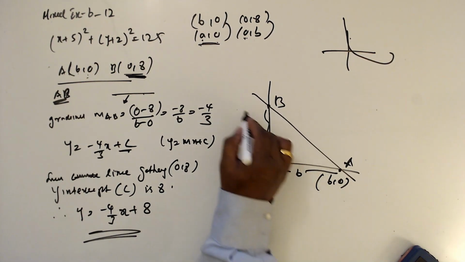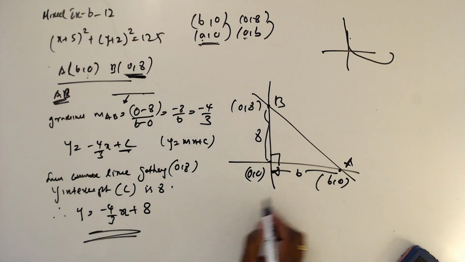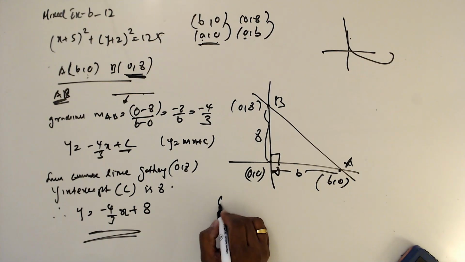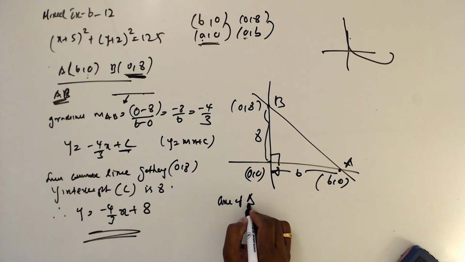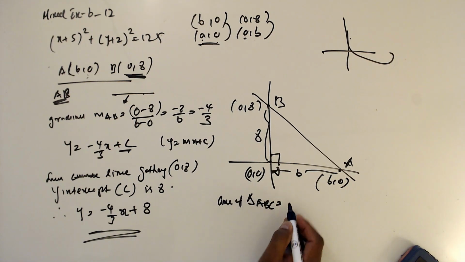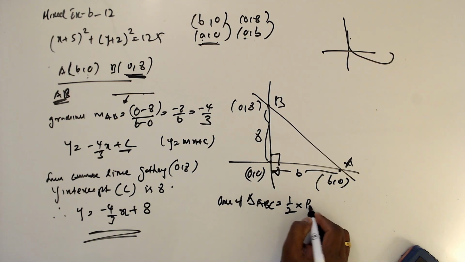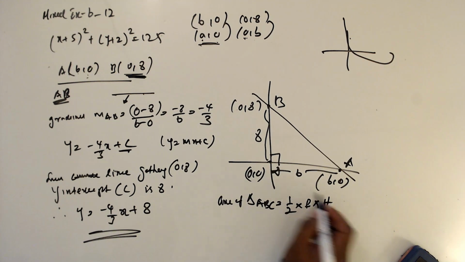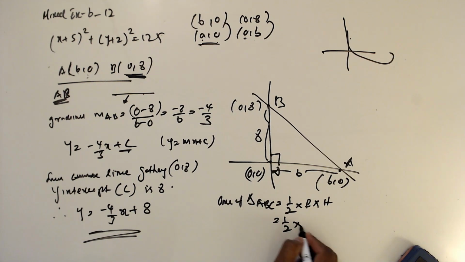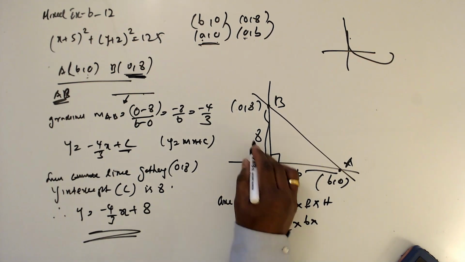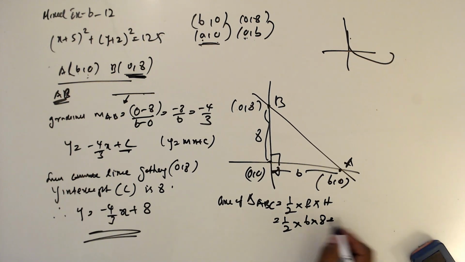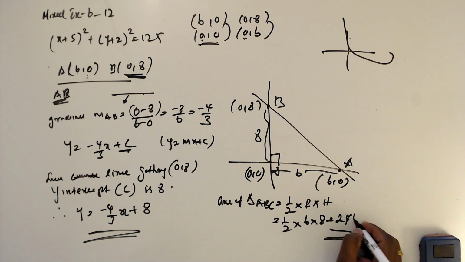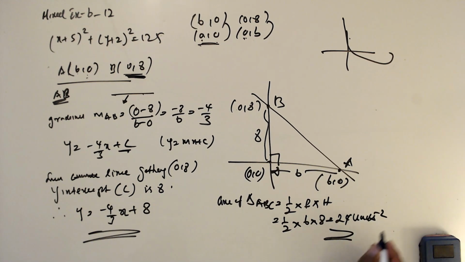This height is 8, this is (0, 8). Then area of triangle equals half base times height. Half, base means 6 and height means 8. So this is going to be 24 units squared.